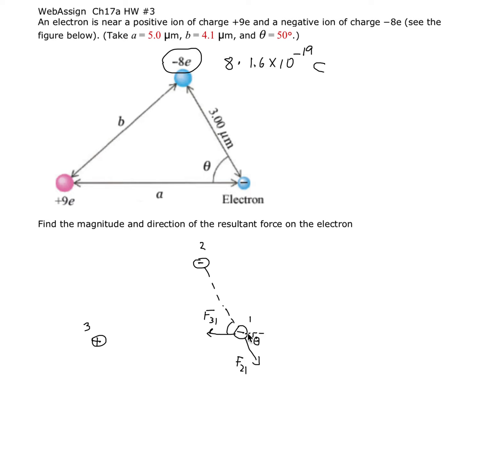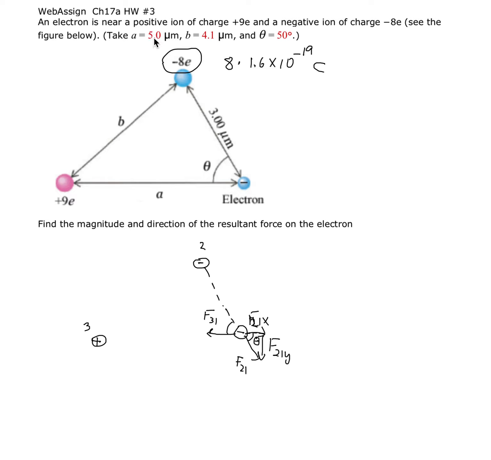We have to go to the right and then straight down. So those are our components. The horizontal one is F21x, and the vertical one is F21y. F31 is all horizontal, so we don't have to worry about finding any components. We only find components of diagonal vectors.